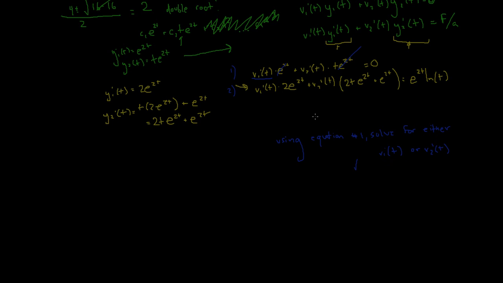Okay, and then you can plug that into this equation. So if you plug that in for v1 prime of t here, we'll have negative v2 prime of t times t. And now we can solve this equation for v2 prime of t because it's one equation and one variable.